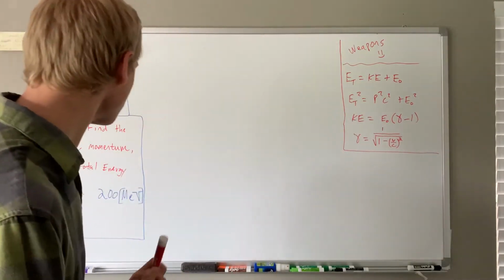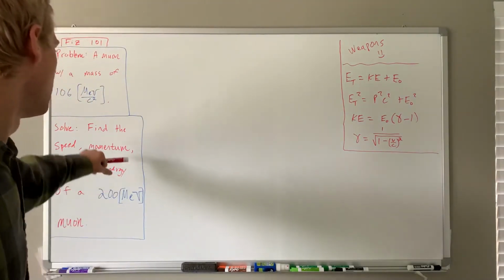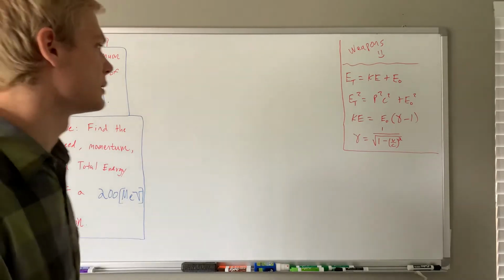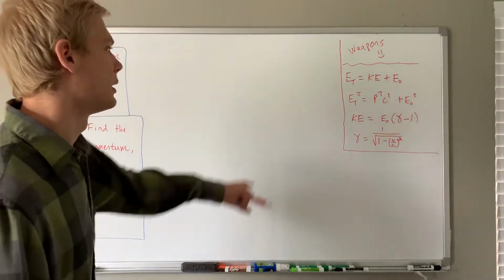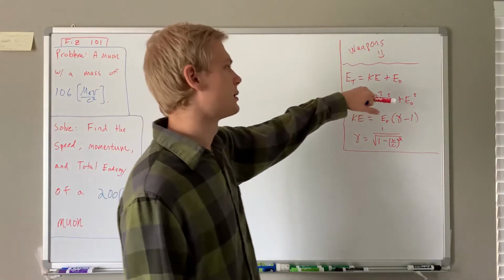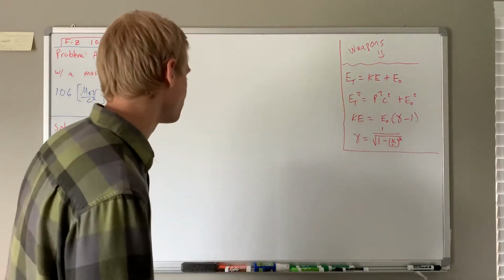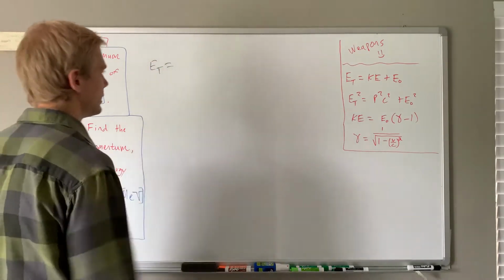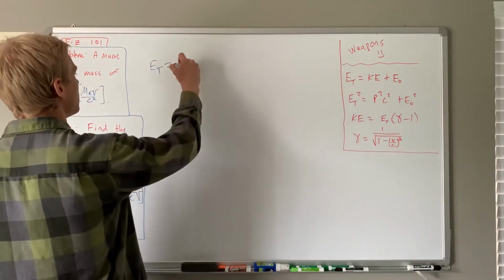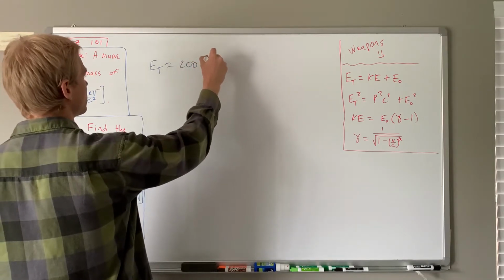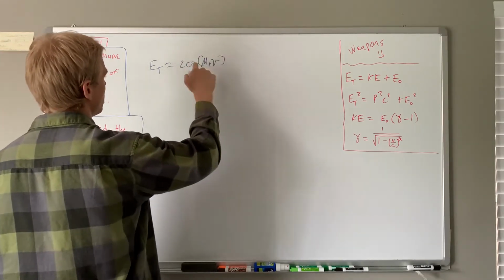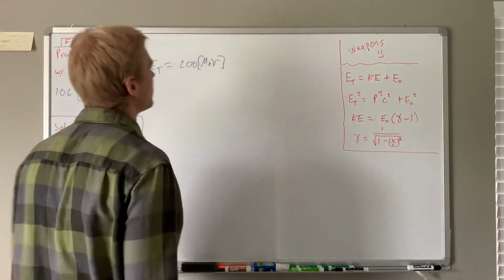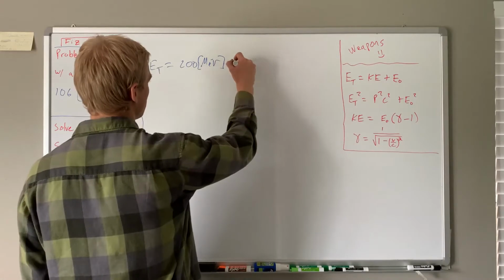Alright, so the first one, I want to find the total energy because that looks to be the simplest to do. Total energy is equal to the kinetic energy plus the rest energy. The kinetic energy is 200 megaelectron volts, plus the rest energy.